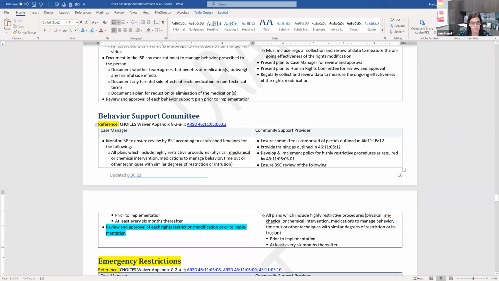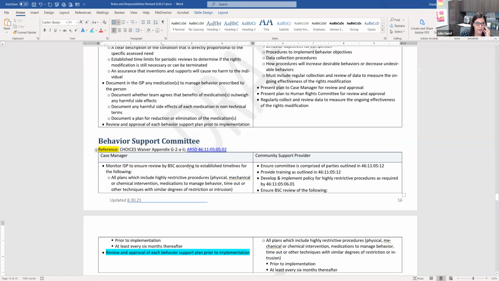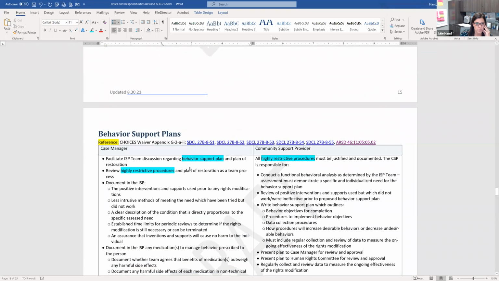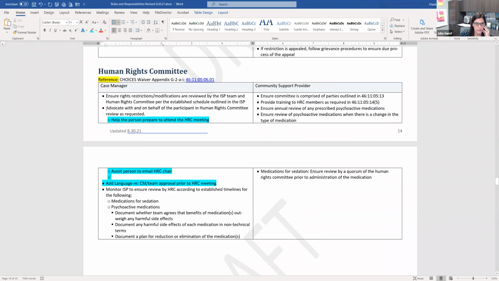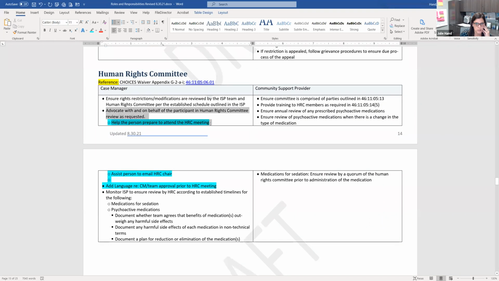Yes, okay. I'm also thinking that we could add a similar bullet like that with the advocating, this one, under the behavior support committee. Does that make sense?